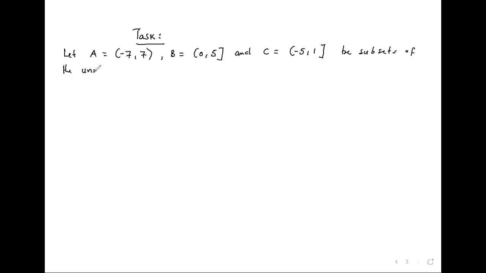let A be equal to (-7, 7), B be equal to (0, 5], and C be equal to (-5, 1), subsets of the universal set of real numbers.